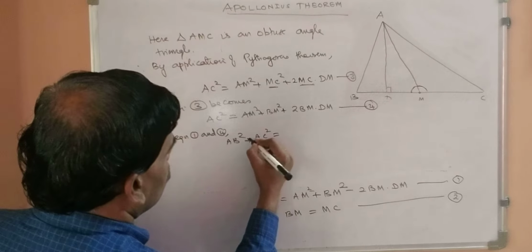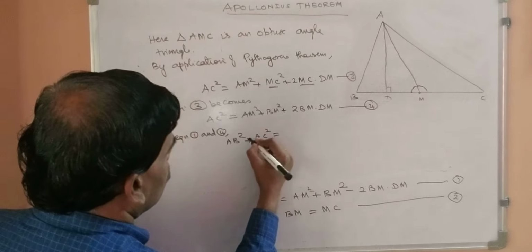See, this will get cancelled. Therefore, AB square plus AC square equal to, see, AM square how many times? 2AM square plus 2BM square. This is what you call Apollonius theorem.